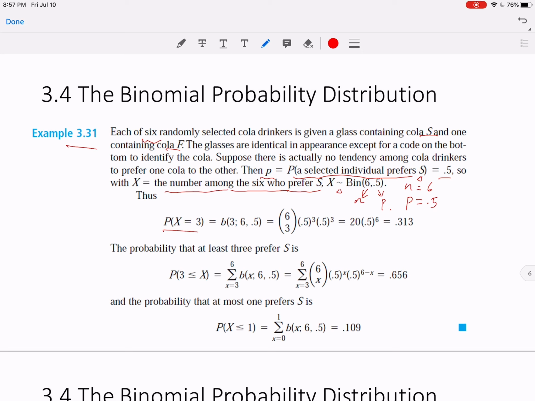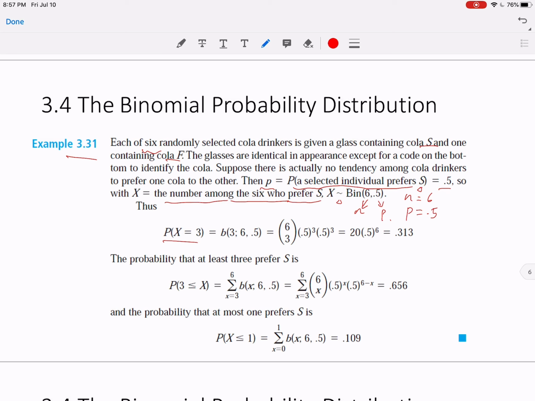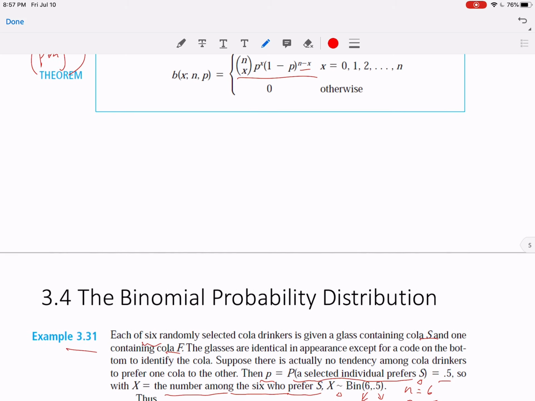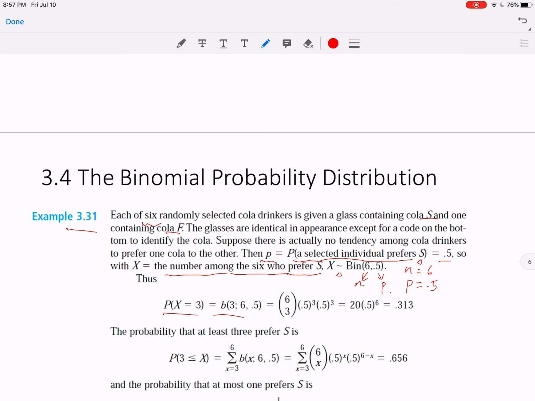Okay, so if we want to find x equal to 3, what do we need to do? Just apply the formula of the PMF of the random variable. Okay, n is equal to 6, x is equal to 3. This is the value of x. So that would be 6 choose 3, and then p, which is 0.5, to the power of 3, and then 1 minus p is equal to 0.5 as well.